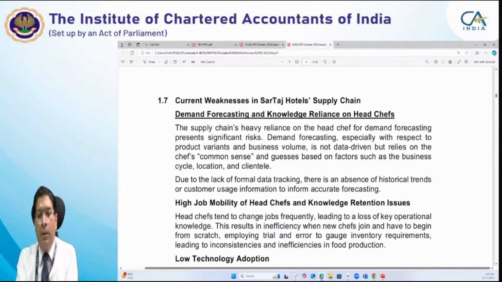I told you there is problem in demand forecasting. The supply chain is heavily reliant on head chefs for demand forecasting. Demand forecasting, especially with respect to product variants and business volume, is not data driven.